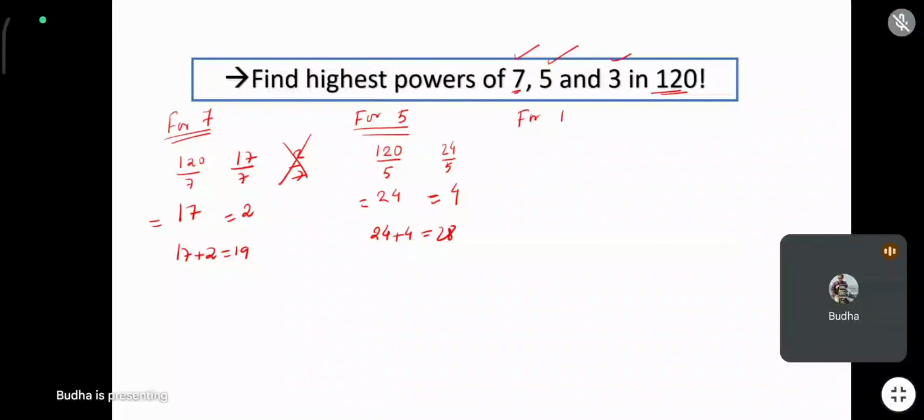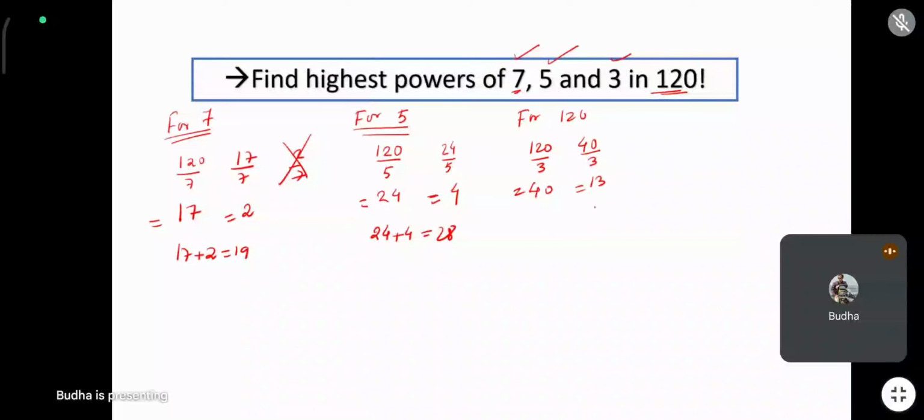3 के लिए थोड़ा सा लेंदी हो सकता है, but still you try. 120 by 3. 40. This will be 40. Okay. 40 को फिर से डिवाइड करना है 3 से.